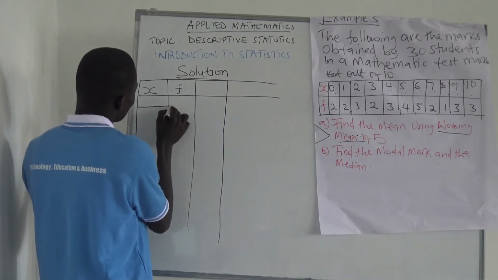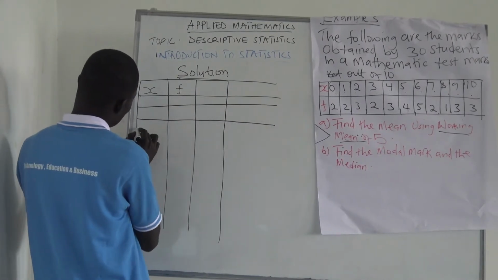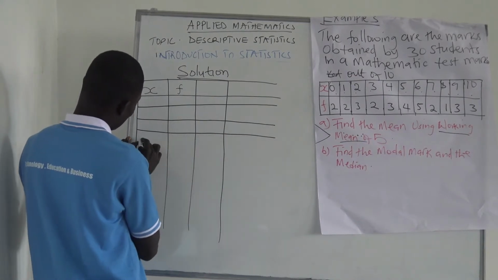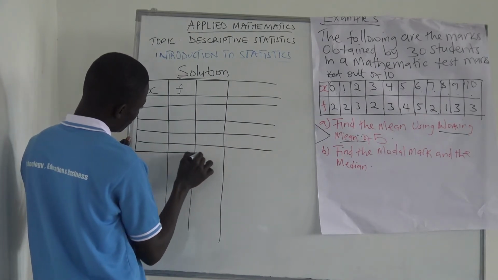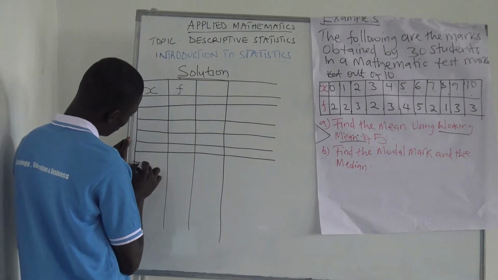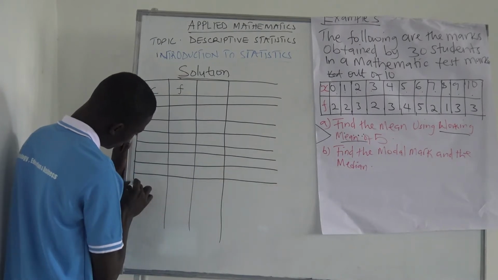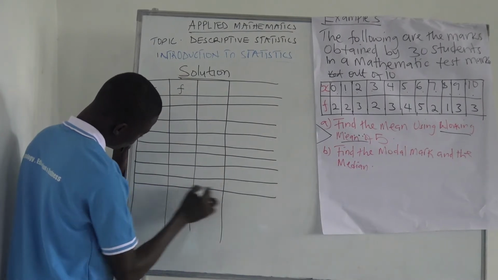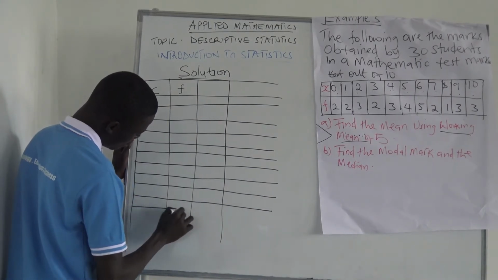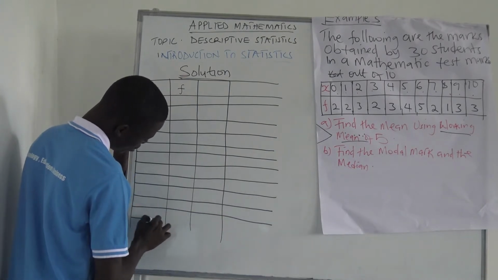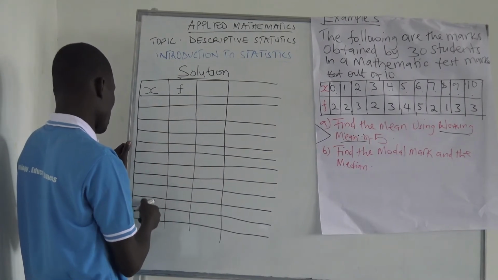We have 1, 2, 3, 4, 5, 6, 7, 8, 9, 10, 11.